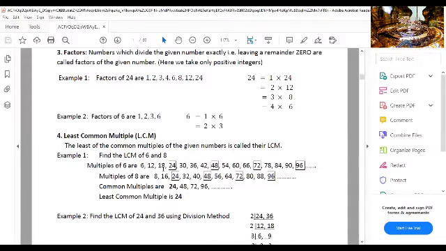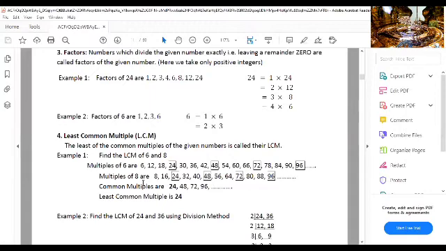The multiples of 8 are 8, 16, 24, 32, 40, 48, 56, 64, 72, 80, 88, 96, and so on. 8 ones are 8, 8 twos are 16, 8 threes are 24, 8 fours are 32, 8 fives are 40, and so on.